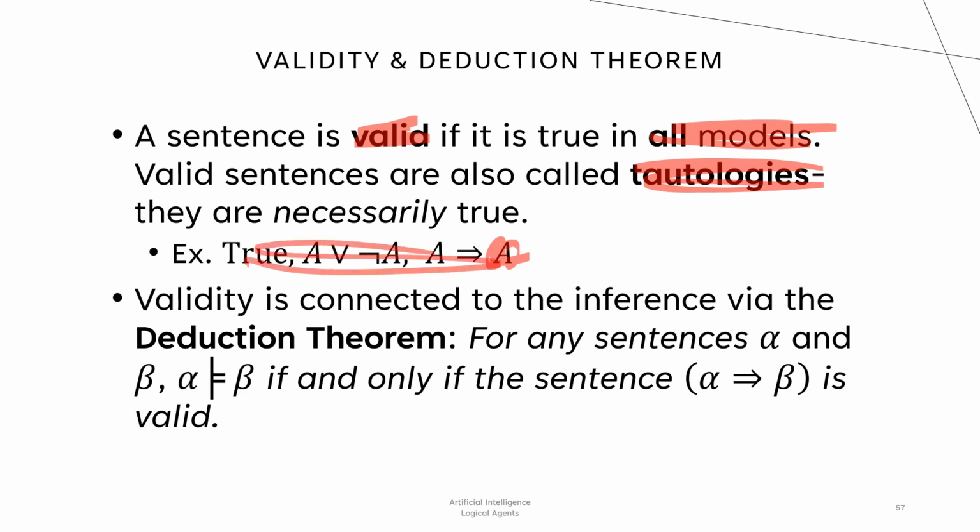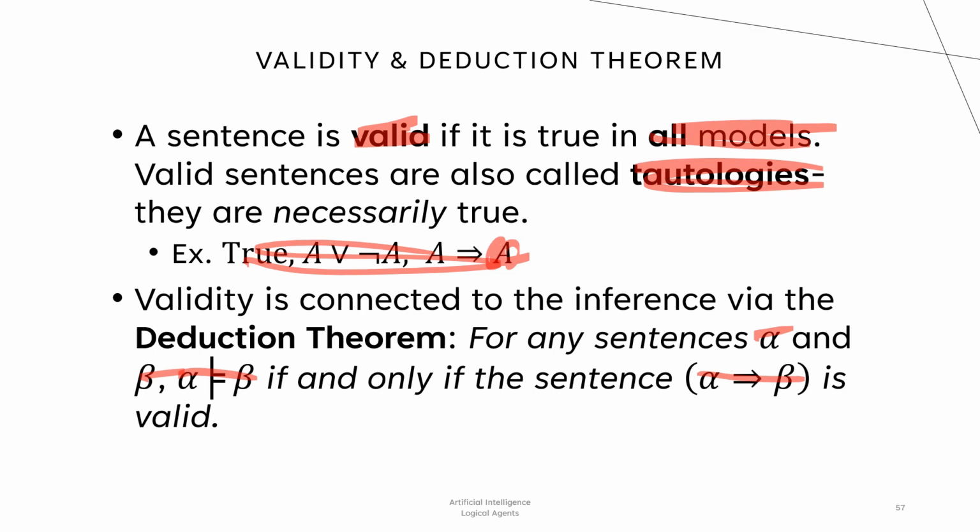So validity is connected to inference via the deduction theorem. For any sentences alpha and beta, alpha entails beta if and only if the sentence alpha implies beta is valid. So this is the false always leads to true sort of relationship. So does that deduction theorem make sense to everyone?